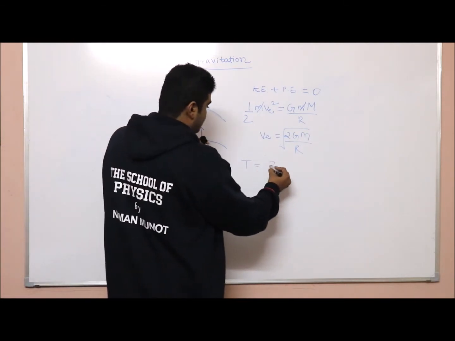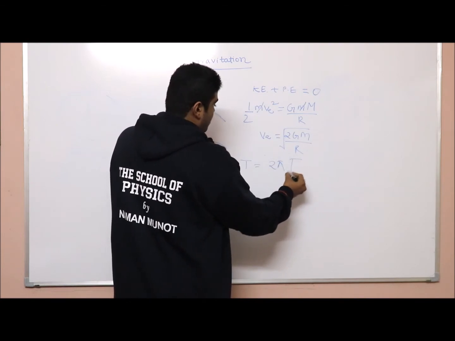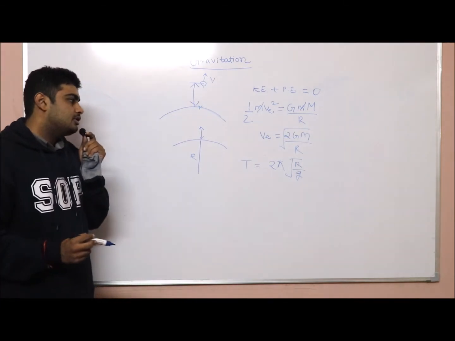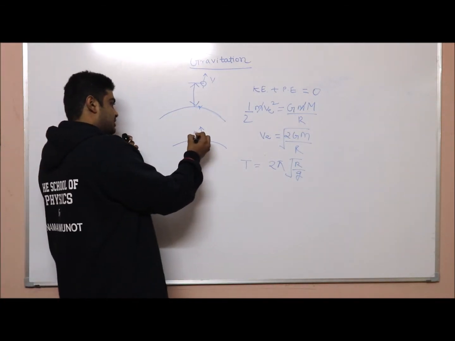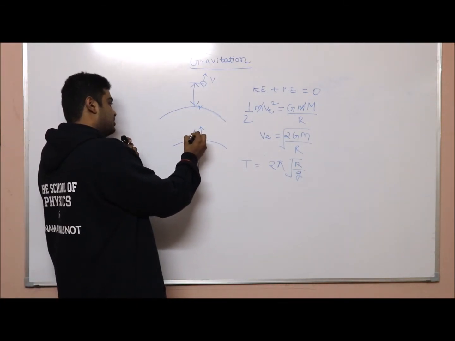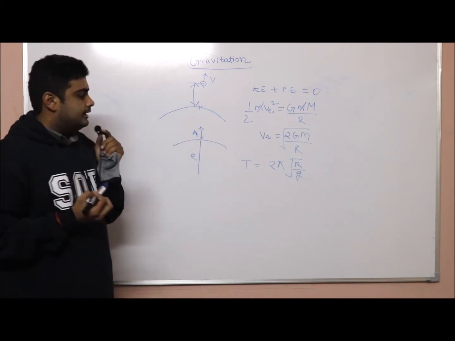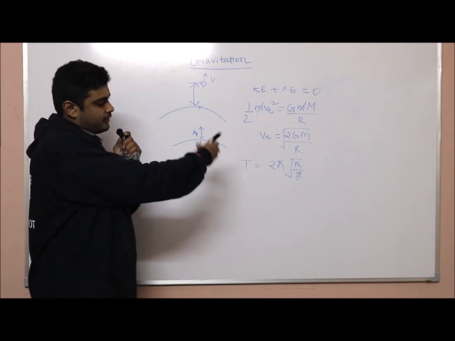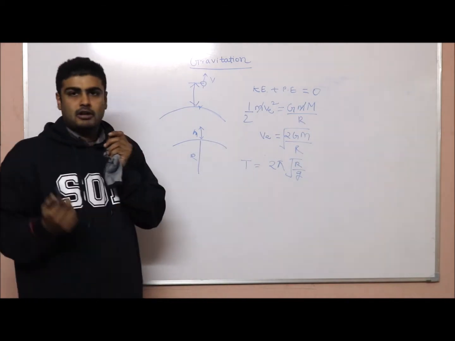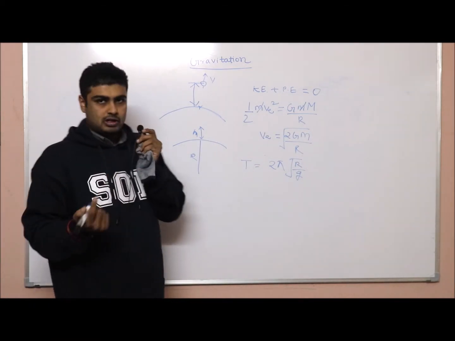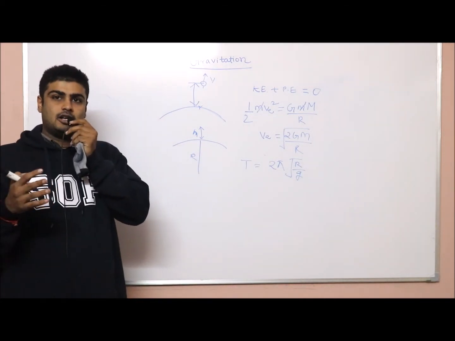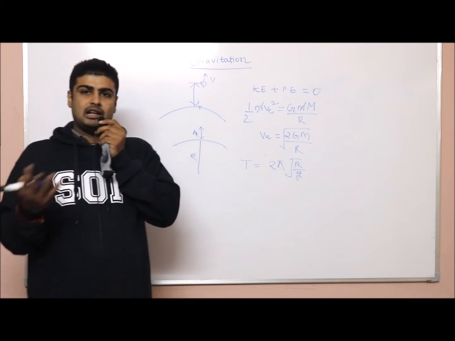So here you just have to do 2 pi under root r upon g, 2 pi under root r of Earth upon g. But when it is at a distance h from the surface of the Earth, then the formula becomes a bit complex. But first you remember this, because most of the questions will cover this, because h mostly is very small as compared to the radius of the Earth. So in a lot of objective questions, you can eliminate the options.